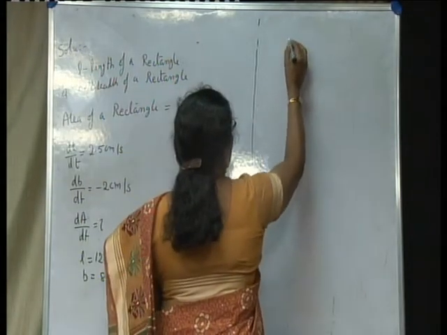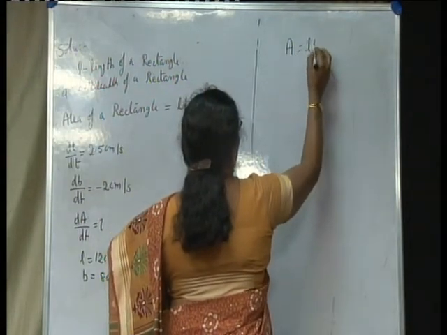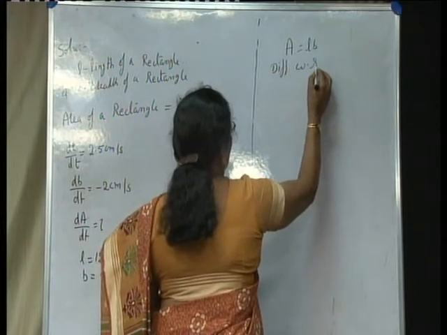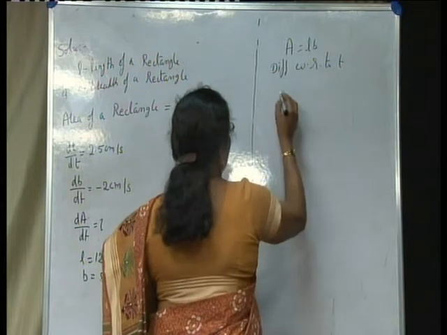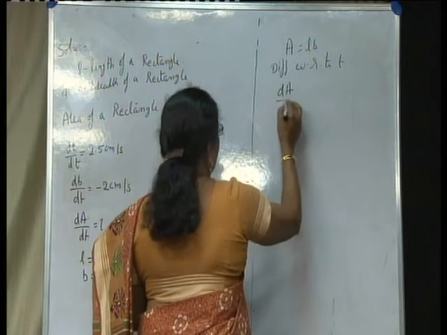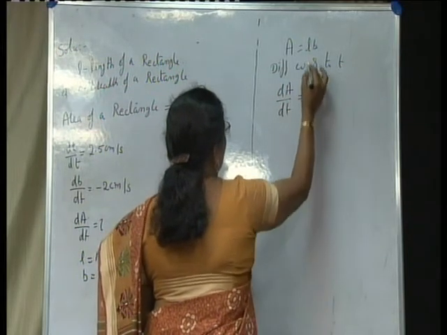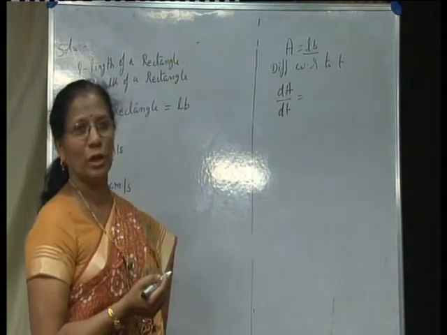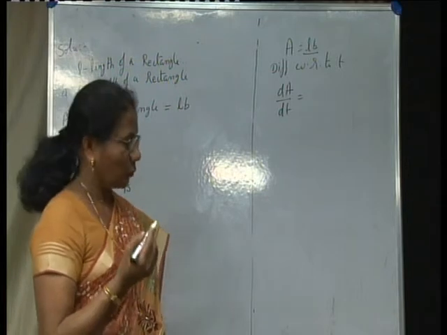So, area is equal to L into B. Differentiate with respect to t: dA by dt. Here, L into B is a product of two functions, so we have to use the product rule.